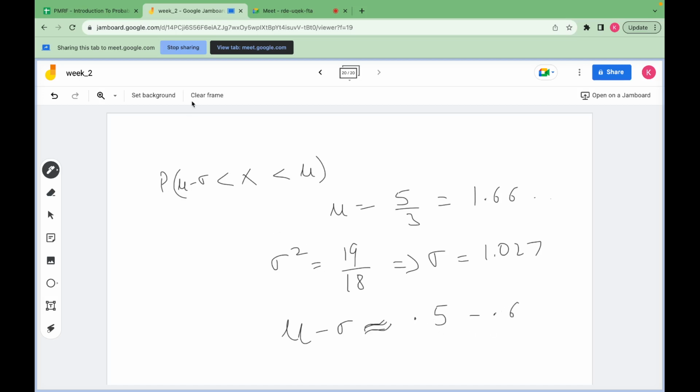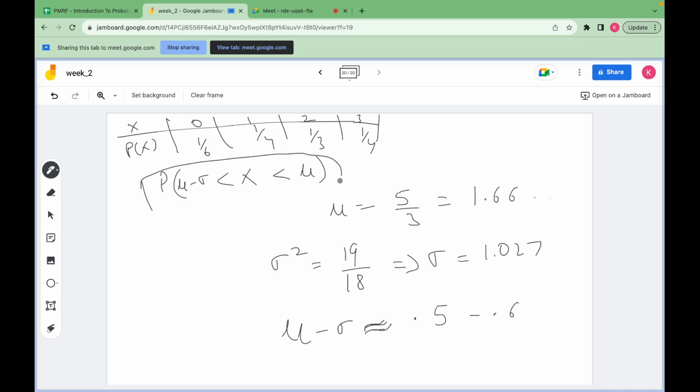We previously defined these probabilities for this discrete random variable: 1 by 4, 1 by 3, and again 1 by 4. So what is this asking? It is asking for the probability that x is between 0.5 and 1.66.